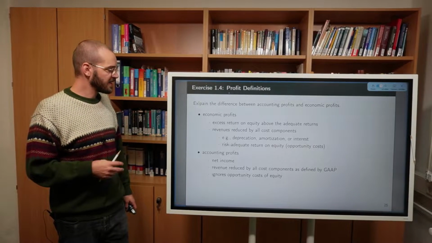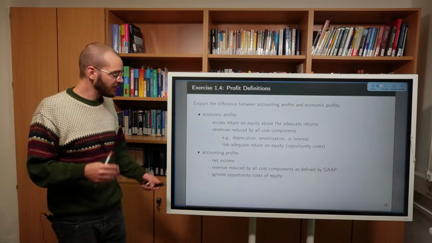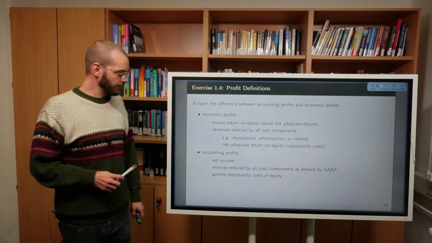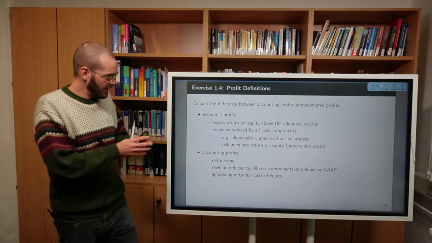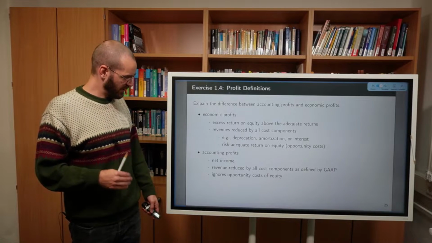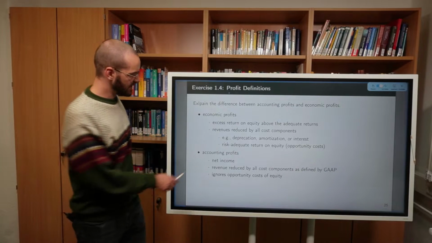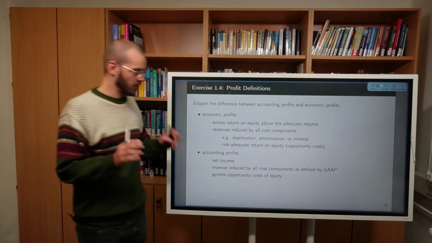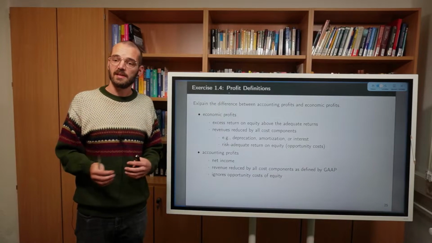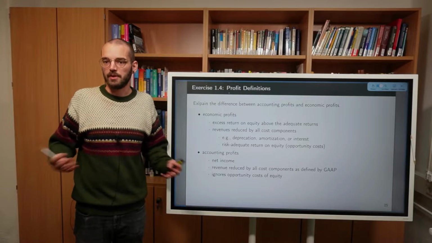So what we will understand under economic profits is revenues reduced by all cost components. That means, for example, implicitly we will assume that depreciation, amortization and interest, as well as risk adequate return on investment, so what we call opportunity costs, are considered within the cost function that we assumed.